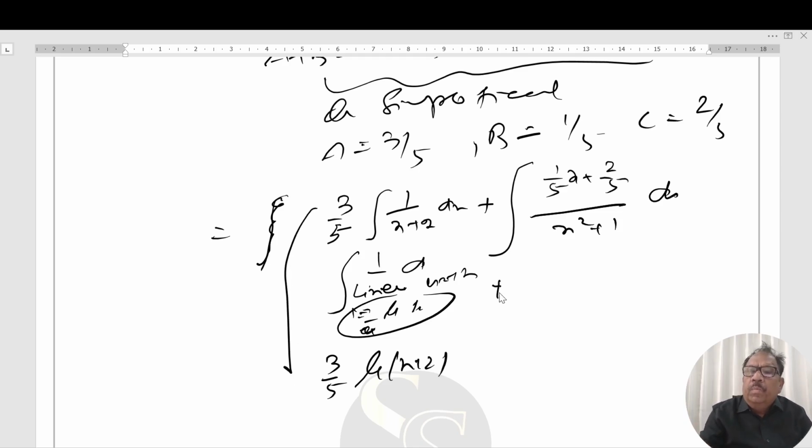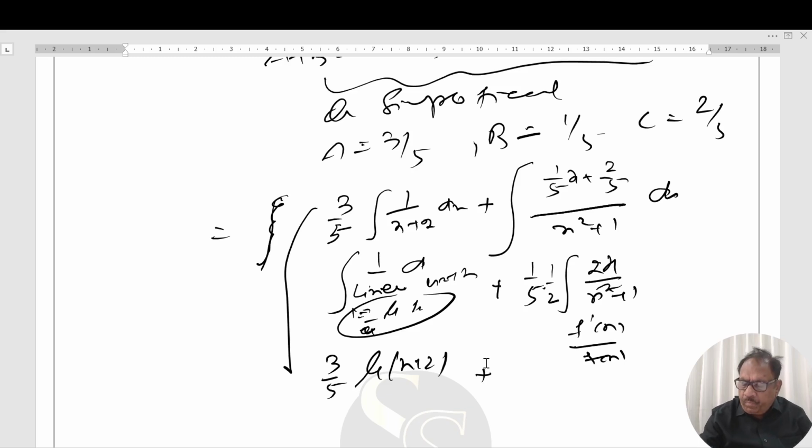Then plus 1 by 5 x over x square plus 1. The differentiation of x square plus 1 is 2x, so multiply and divide by 2, 2 into 1 by 2. This becomes of the type f dash x upon f x. So this comes out to be plus 1 by 10 log of x square plus 1.